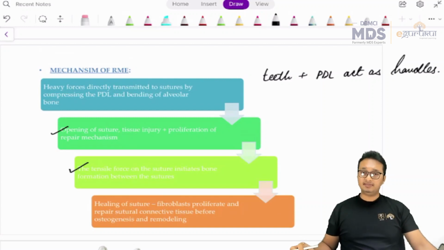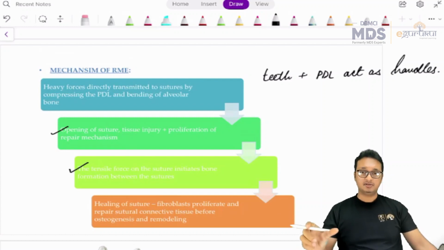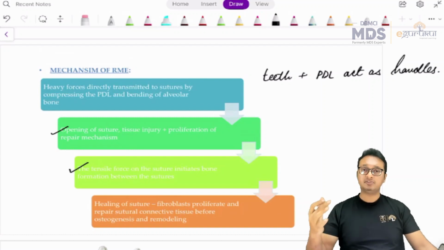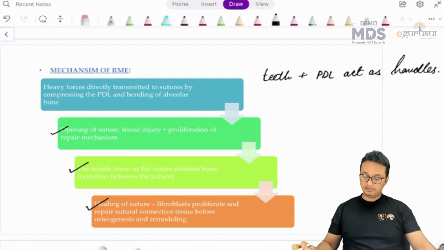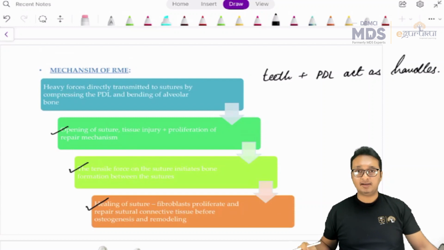As we have already seen earlier in the biology of tooth movement chapter, whenever there is tension, there is bone formation, and whenever there is compression, whenever there is pressure, it leads to resorption of the bone. And finally, it is followed by healing of the suture by proliferation of the fibroblasts and repair of sutural connective tissue before osteogenesis and remodeling can take place.